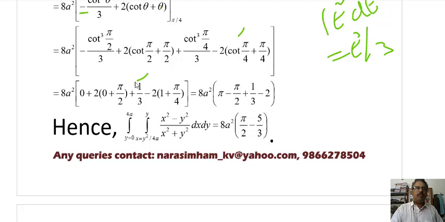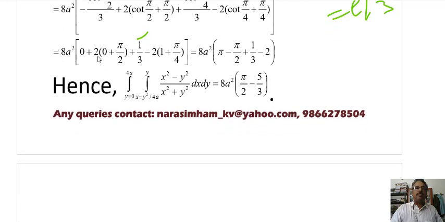Now if you observe 8a square, this is 2 times 2 minus 2 cancel. So you will get 2 times pi by 2, which is pi, and here 2 times pi by 4 is nothing but pi by 2.